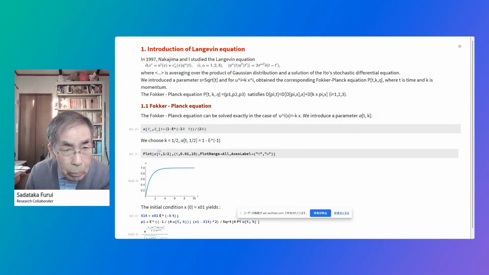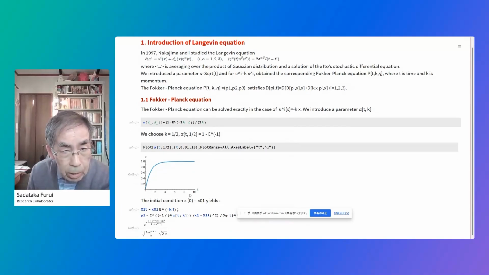And if I plot it, it shows this curve. The initial condition is taken to be x0 called x01, and then the solution of x1(t), P1, turns into this equation.